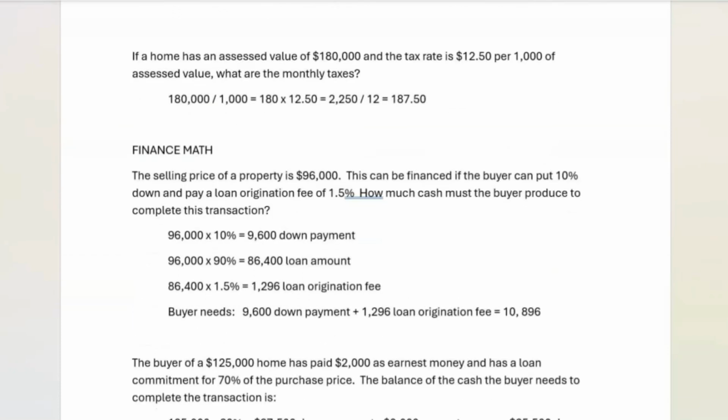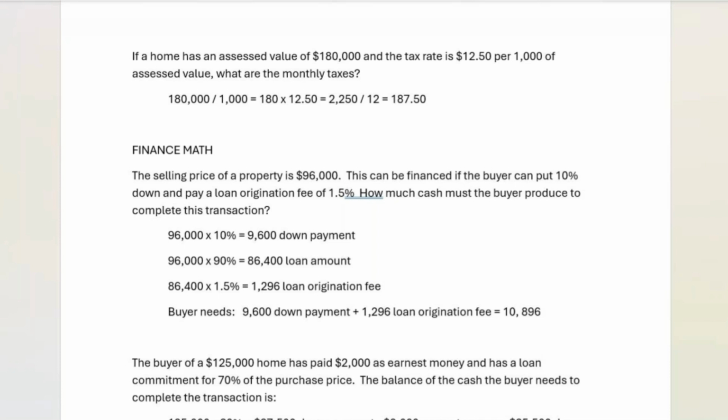The next scenario, if you have a home that has an assessed value of $180,000 and the tax rate is $12.50 per $1,000 of assessed value, what are the monthly taxes? So they're skipping the math to get you to the assessed valuation, which they're just giving you the assessed valuation of 180, which you got by multiplying the assessed ratio by your market value. But they're just giving you the assessed value here.